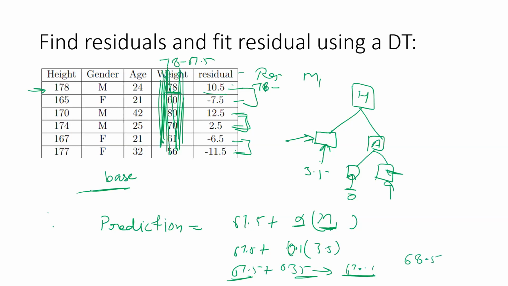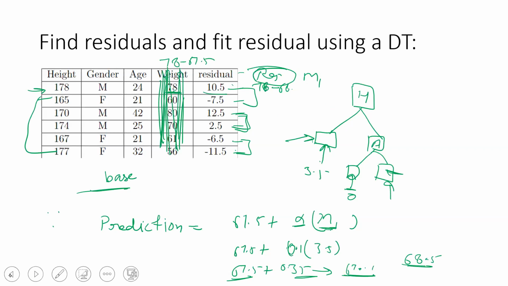It's not exact, but just assume this is the prediction. So again you find the residual for each and every example, and do the same thing: fit the residuals and create the decision tree. Remember, we are fitting the residuals here, not the weights.